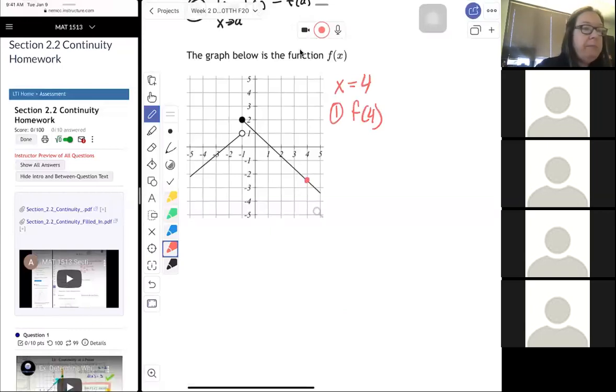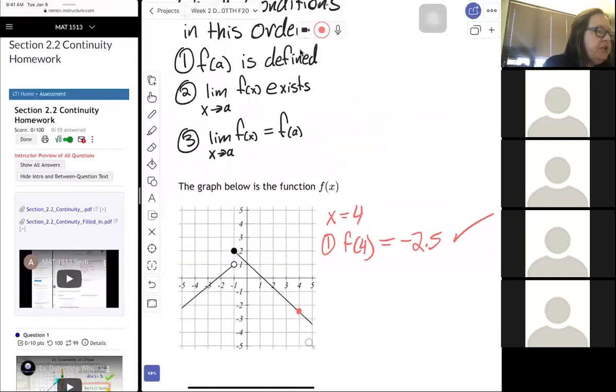We do have a point where x is equal to 4 and y is equal to, I'm not exactly sure what, but it looks like maybe about -2.5. So we'll say that's what it is, -2.5. If you can get a value out of that, whether you know exactly what the number is or not, that means that point exists. So condition 1 is met for this particular function.